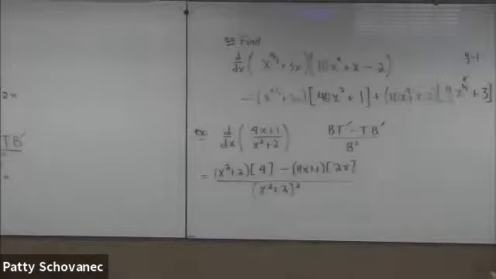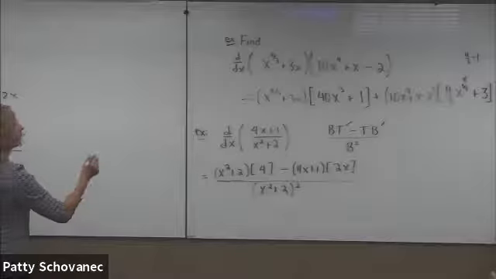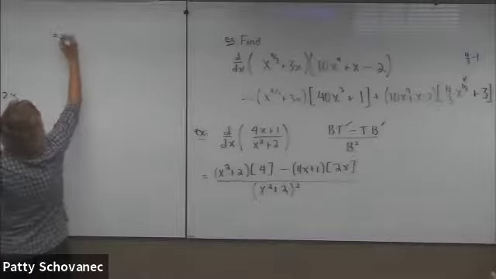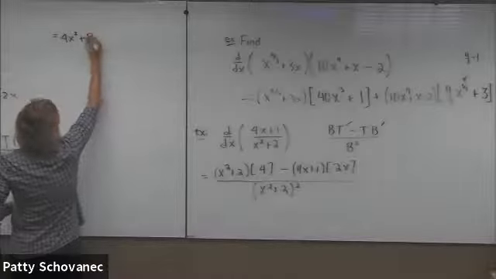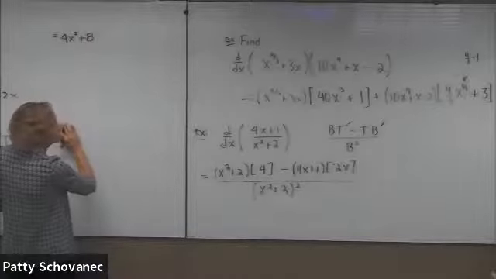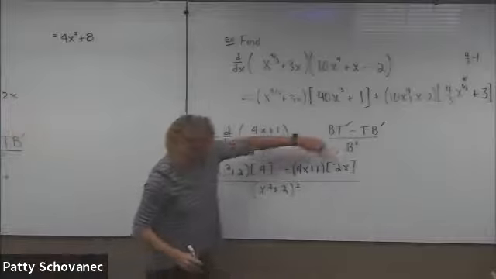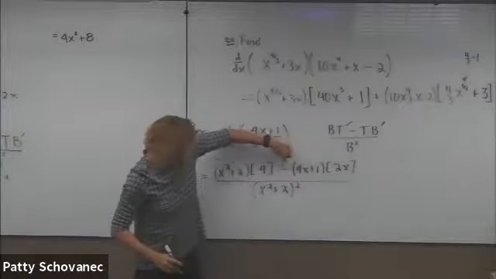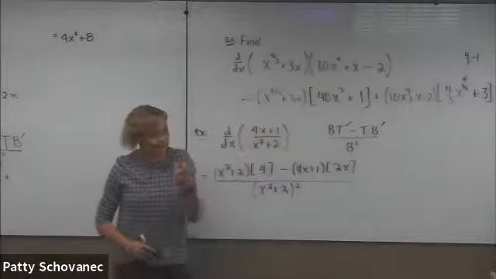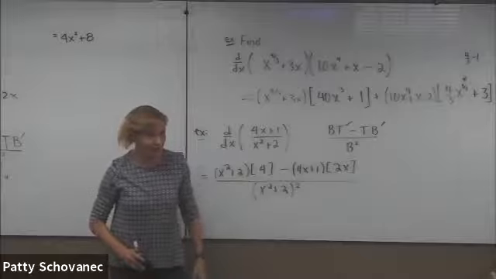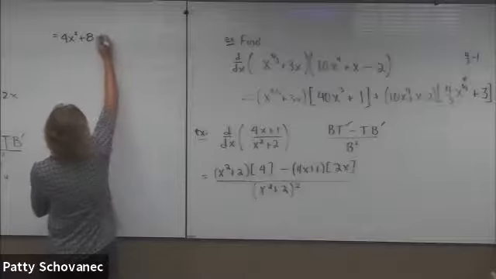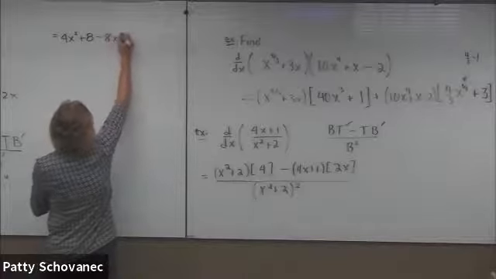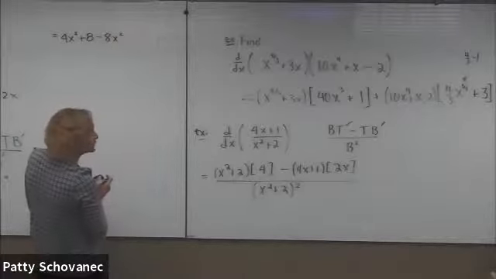All right, so here we go. I'm upstairs and I'm distributing the 4 through the parentheses. And so I have a 4x squared plus 8. Now I'm going to distribute 2x through the parentheses and the minus sign, 2 distributions at one time. 2x times 4x gives me 8x squared with a minus sign. 2x times 1 is 2x.